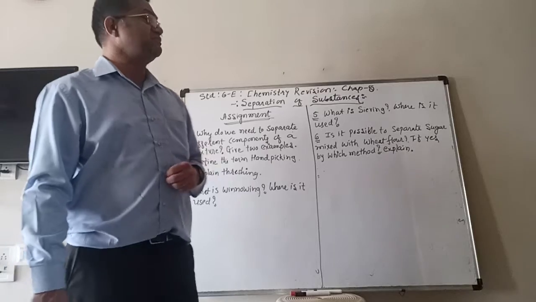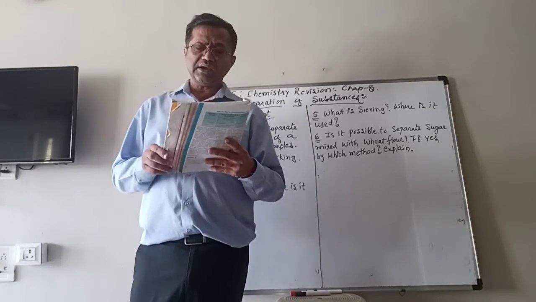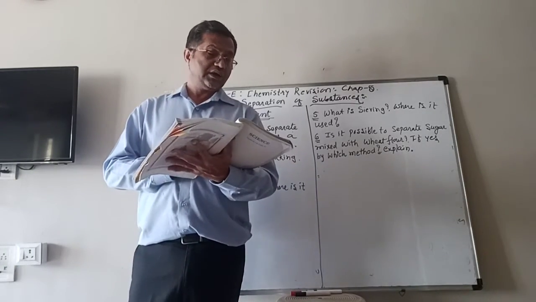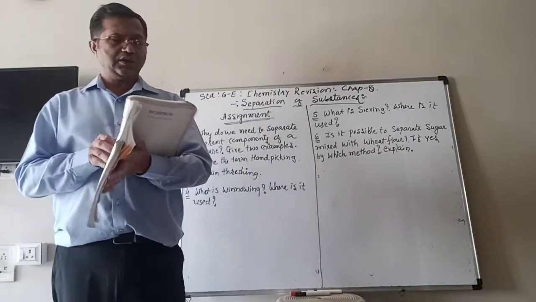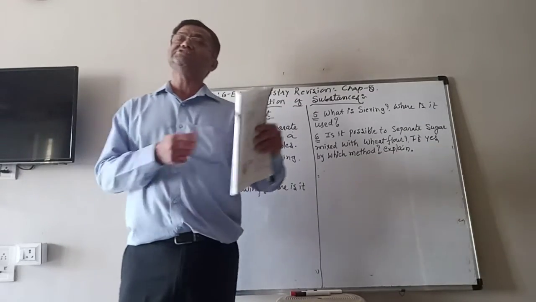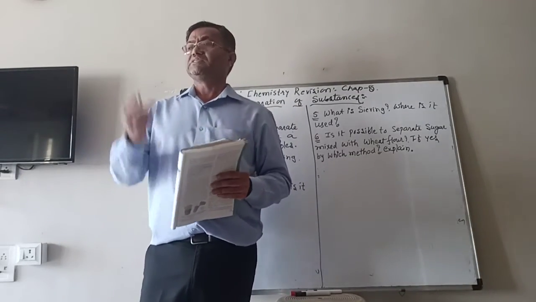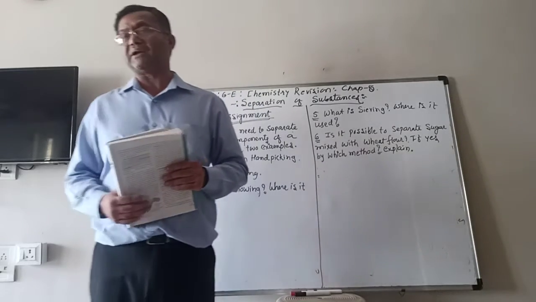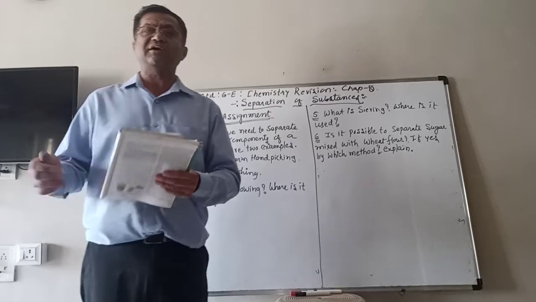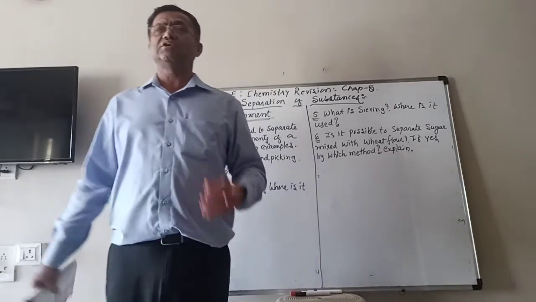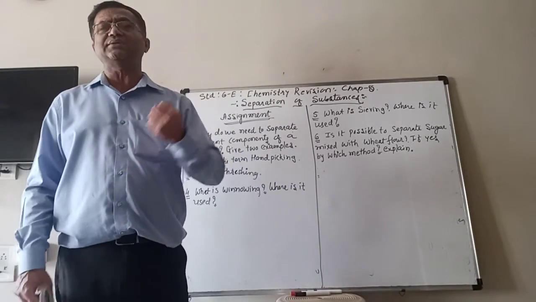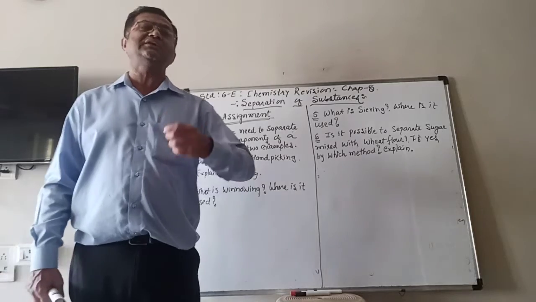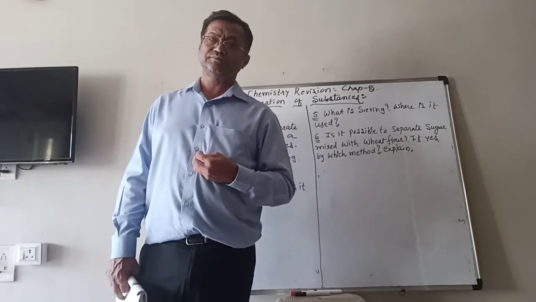Then, sieving. Sieving is the method we use to separate small particles and slightly bigger particles. For example, when we make roti or chapati, before that, what does your mother do with the wheat flour?